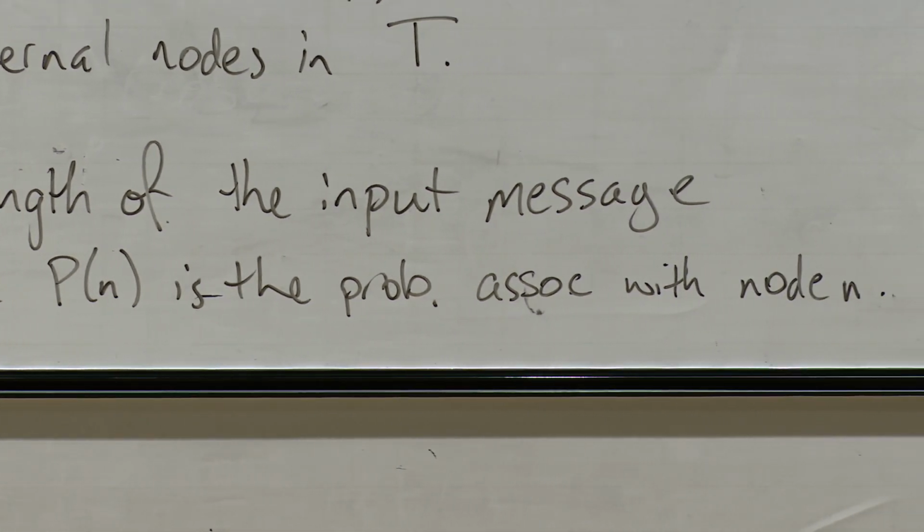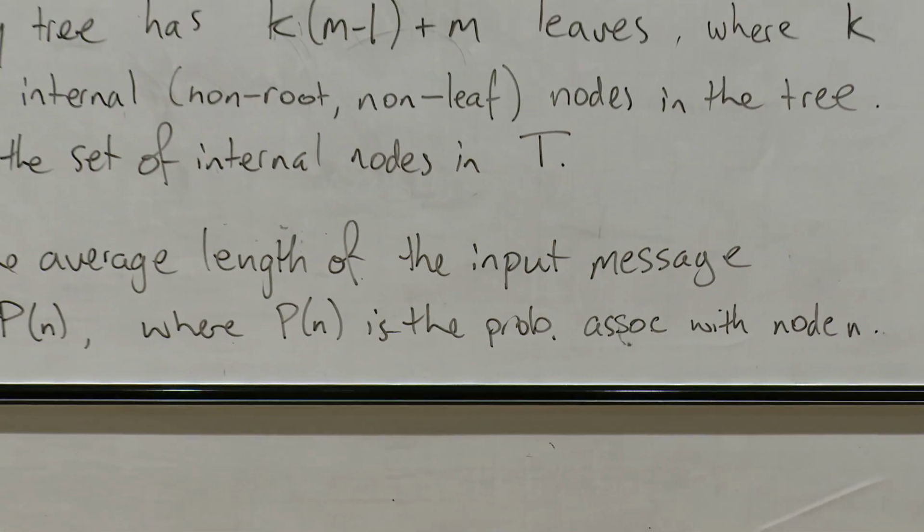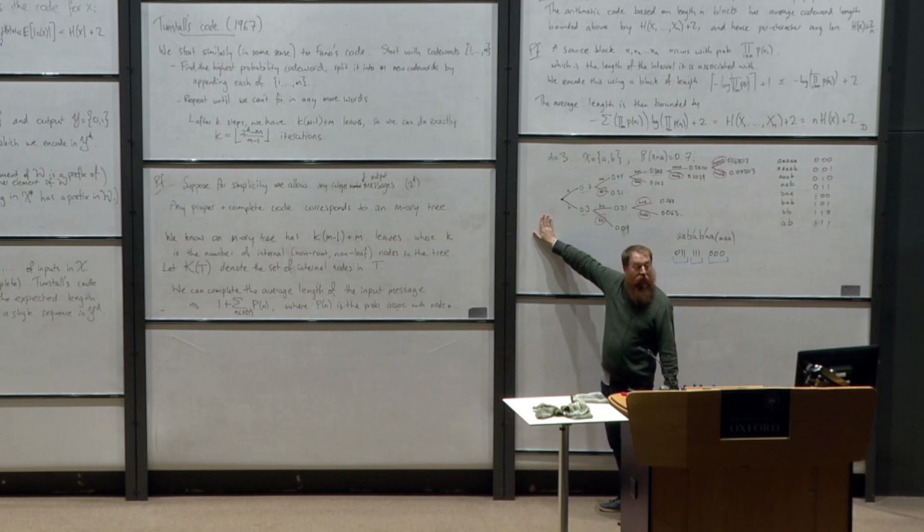So what's going on here? I want to compute the average length of what I can input. Okay, if my tree only has the first thing, it has no internal nodes, the average length is 1.